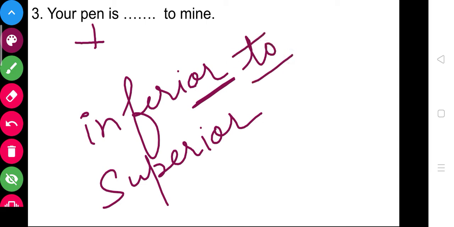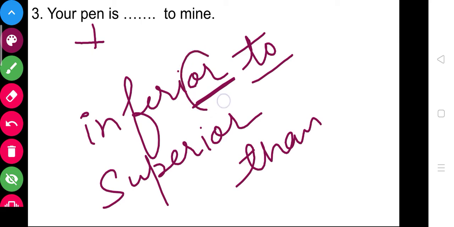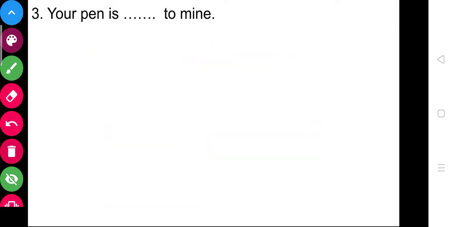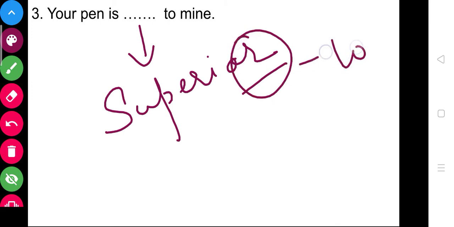Otherwise, usually when we compare we use than to compare two things. Here we are using to because the word ends with or. So your pen is inferior to mine, or we can say superior to mine. To is used as a conjunction, and to mine is the comparative one, I would say.